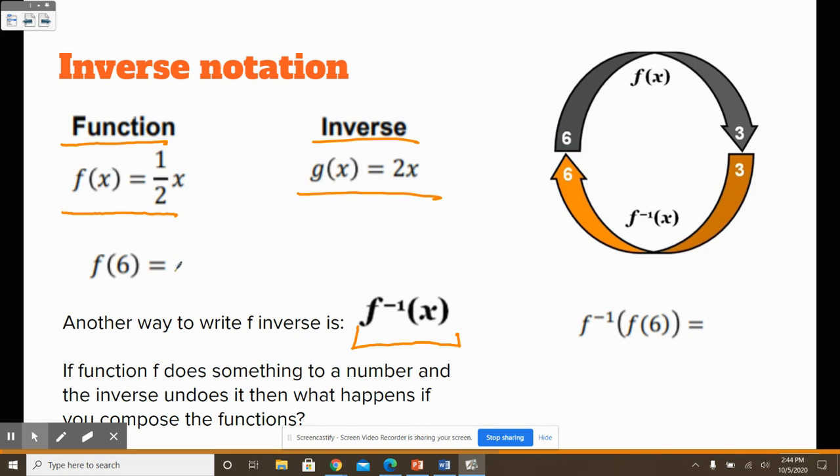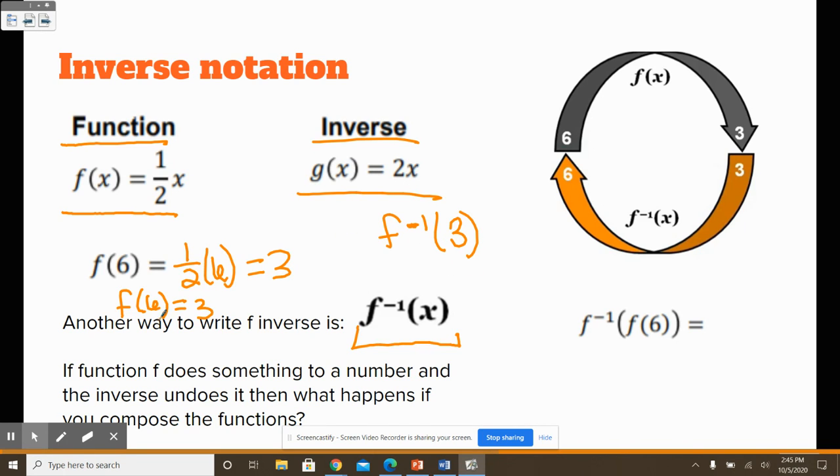So what would f of 6 be? Well, that's telling you to go to function f, take out the x, and plug in a 6. Half of 6 is 3. f of 6 equals 3. Well, because of that, I also know what f inverse, not of 6, but of 3 would be.